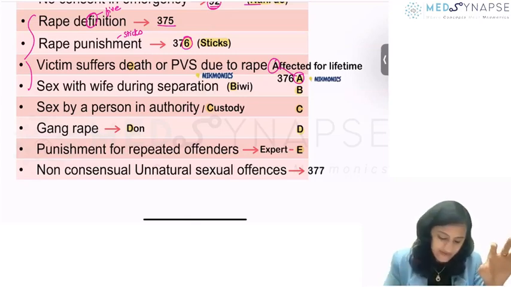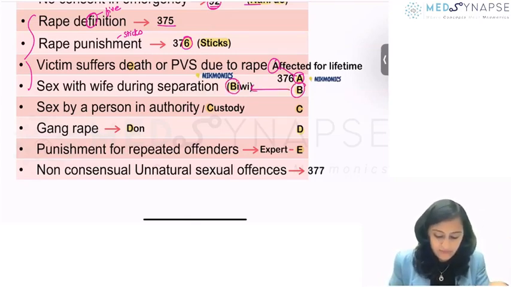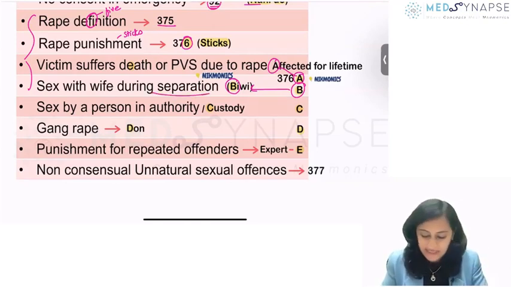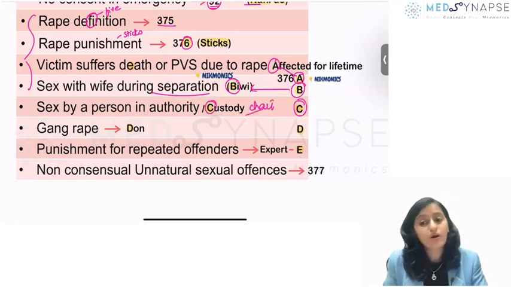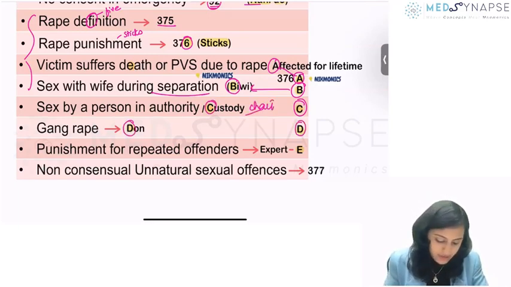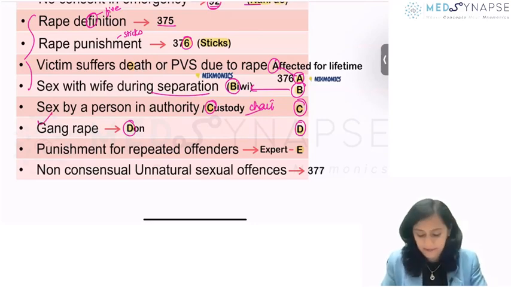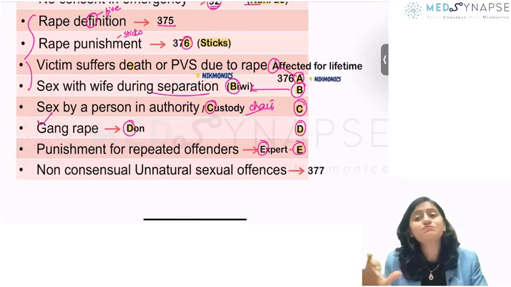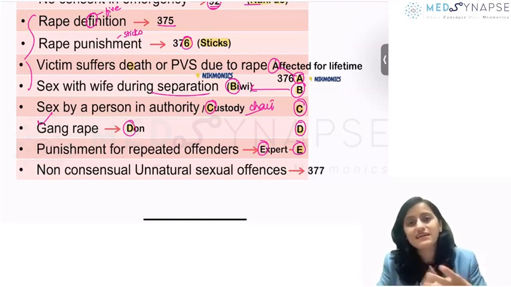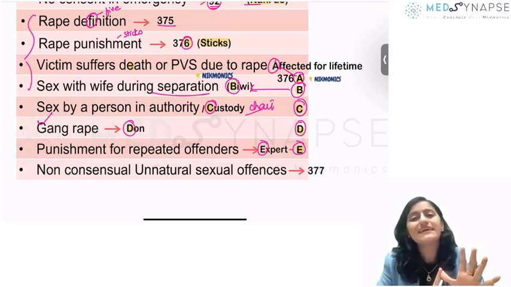So that is 376A. 376B for BV, with the wife during the separation. C is by someone who's in custody or in charge, that is authority. D is Don. What does a Don do? Gang. So gang rape is D. And E is an expert rapist, that means repeated offender. That's how you remember: affected for lifetime, BV, custody, Don, gang rape, and E, expert.